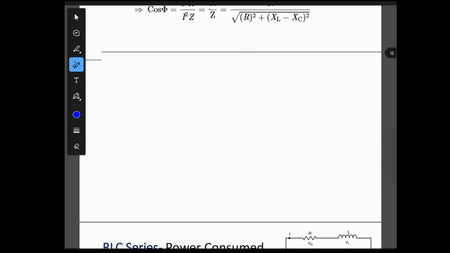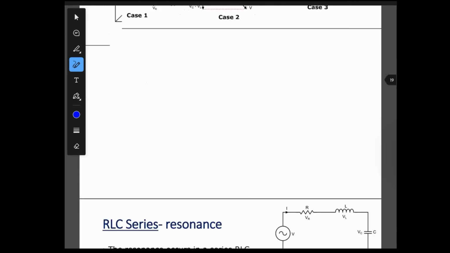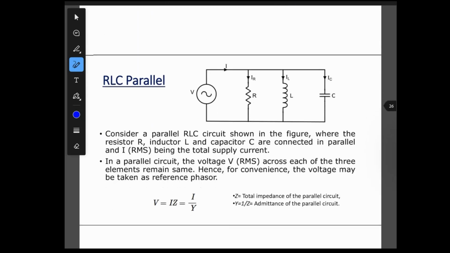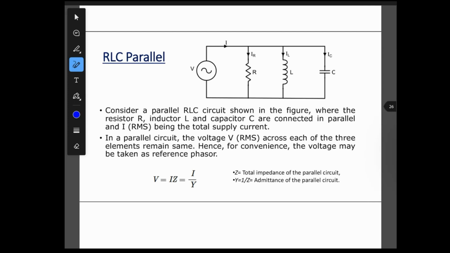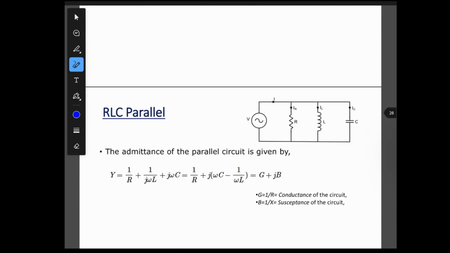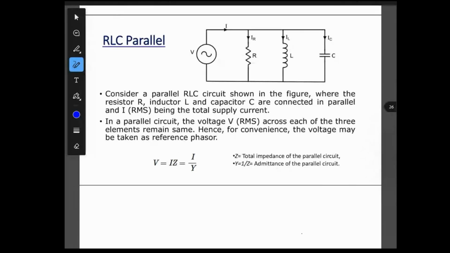Now for parallel connection, the resistor, inductor, and capacitor are in parallel.